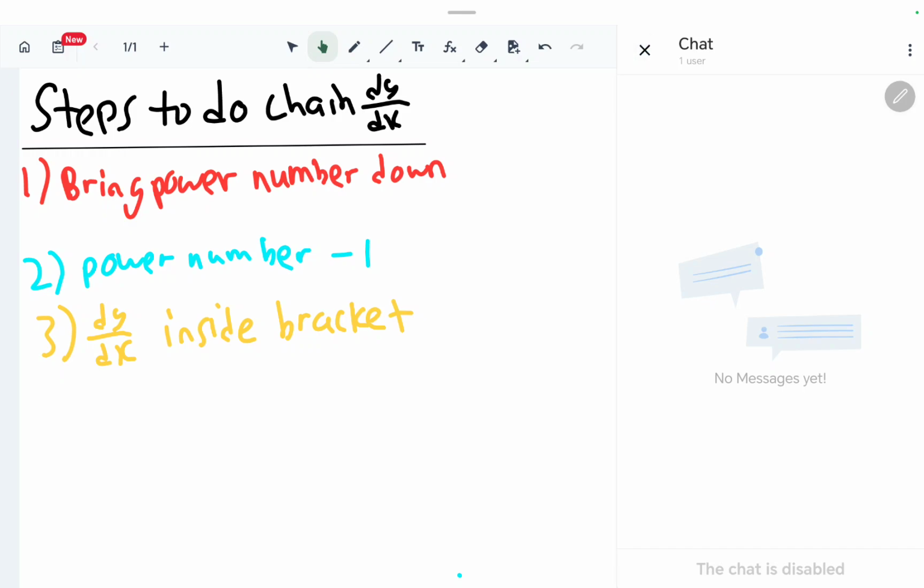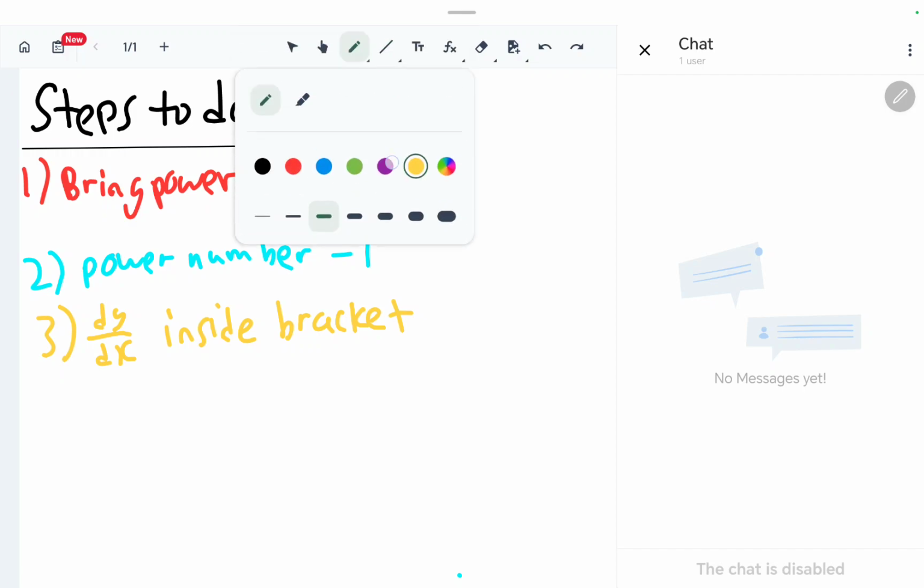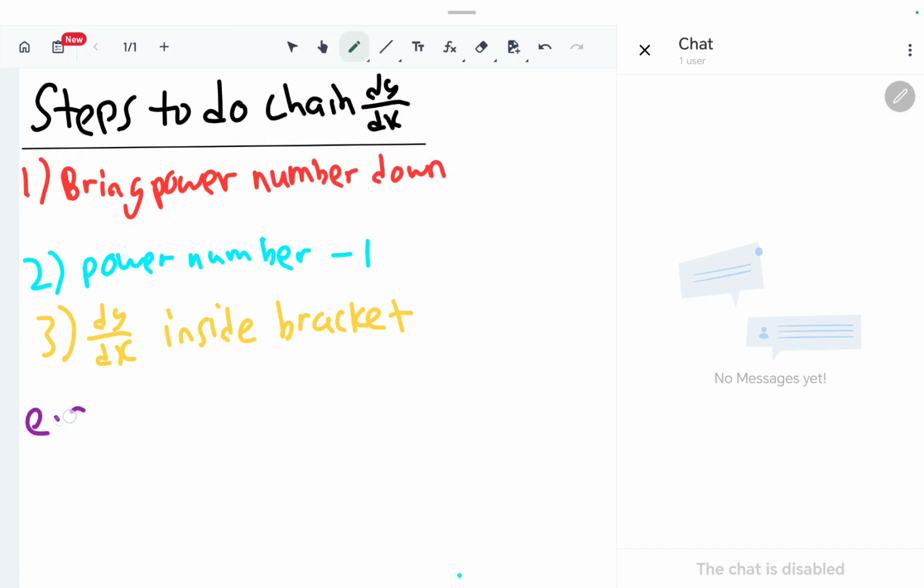Alright, so now these are the steps. So let's go into the question. Let's say for example, I'll write the question in purple. So for example, 2x plus 1 to the power of 6. First step is to bring power number down.